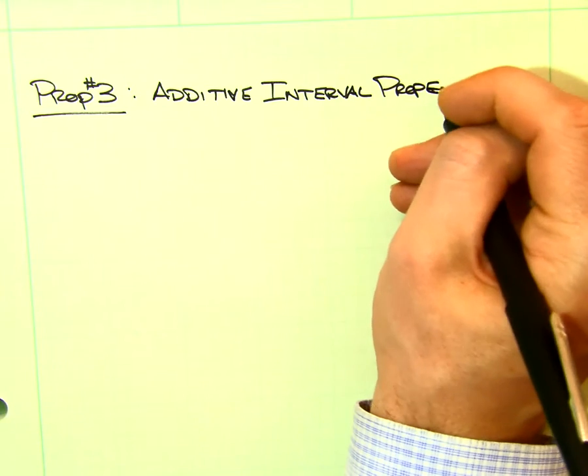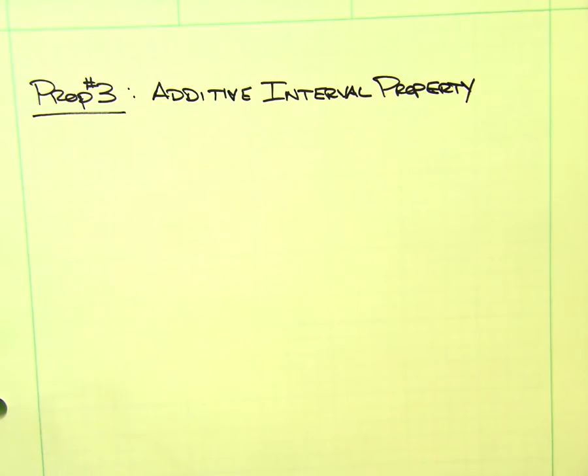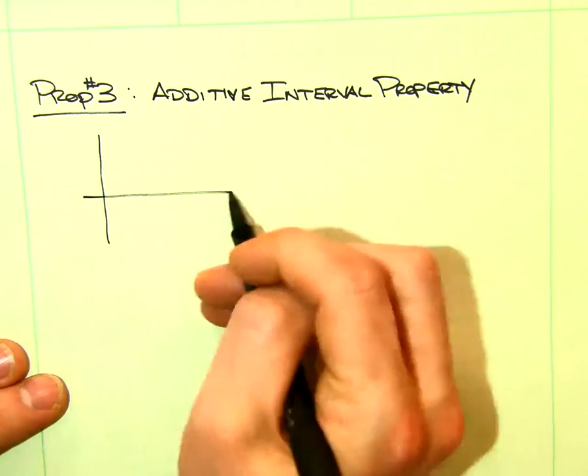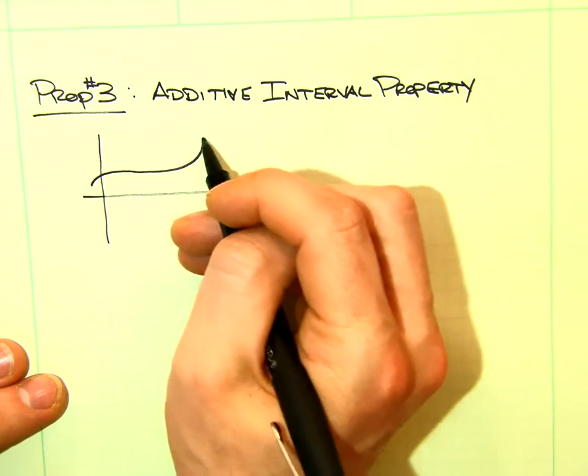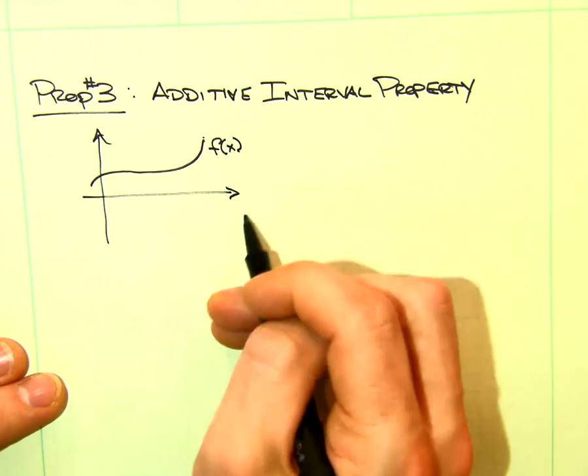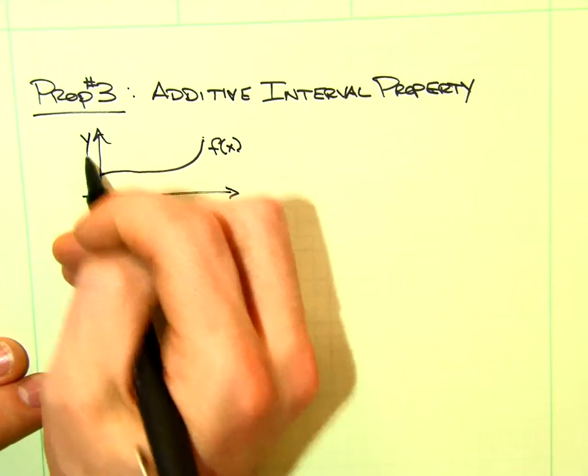Now this one mostly makes sense if you think about what an integral is. Okay, so I'm going to start off by drawing our general function here with x, y, and here we've got f of x. This is y.